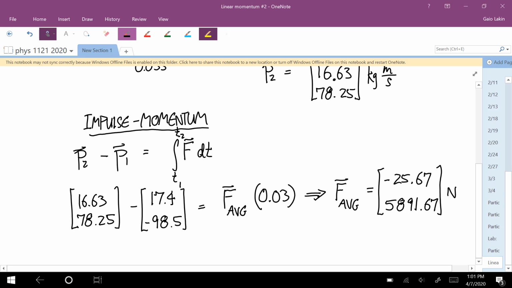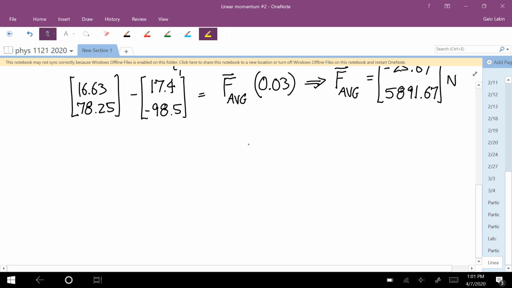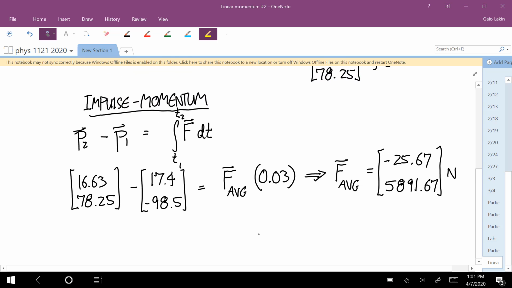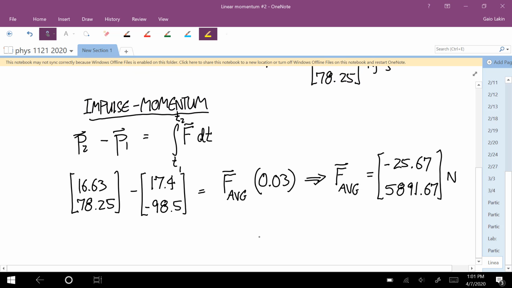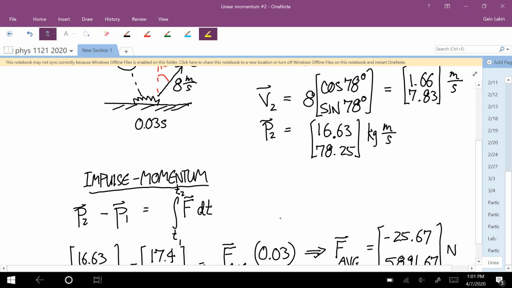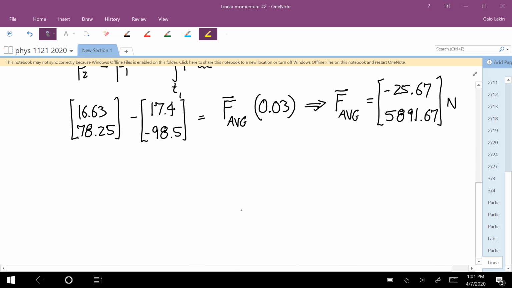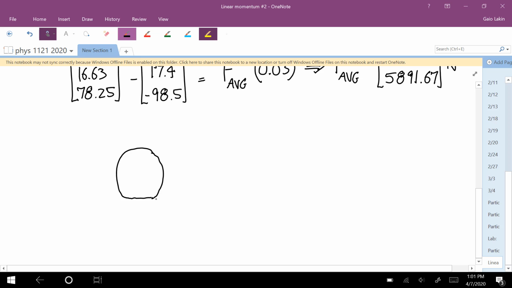And then the second part of that question: what's the average contact force? The idea is that during that contact, if the ball is compressed against the ground, you have two forces acting.